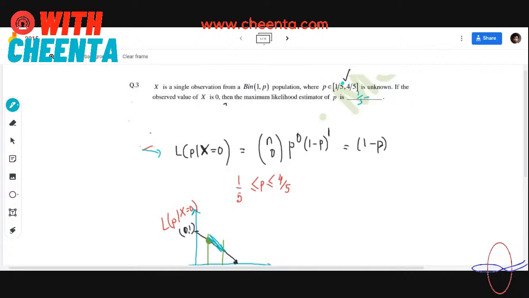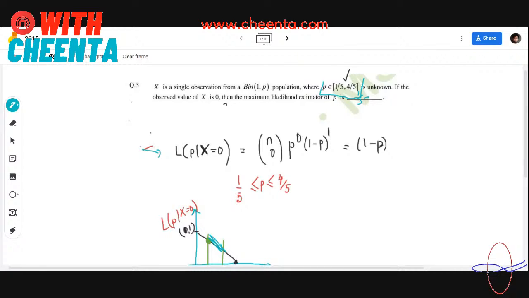But what if p is restricted to an interval? Then it wouldn't be x bar, it would be something else. How will you find the maximum likelihood estimator in that case?